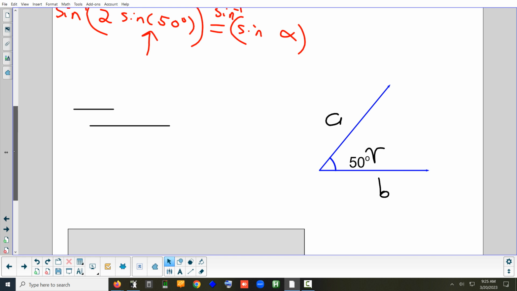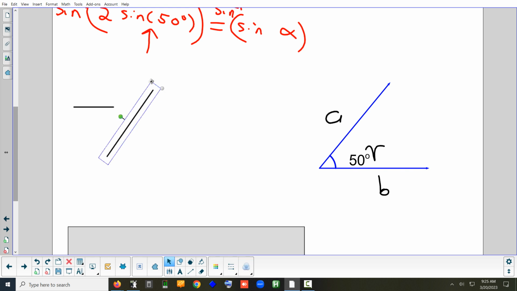Now the short side is side C. That's the side that comes off the top of A. So C is over here. Now, it doesn't say what this angle is up here. So this angle can be anything you want because that was one of the ones that was a box and was not given. I can't rotate that because it doesn't have the green handle on it.